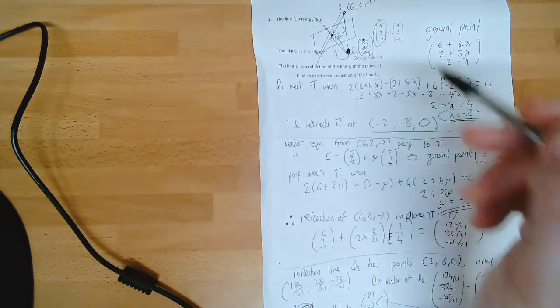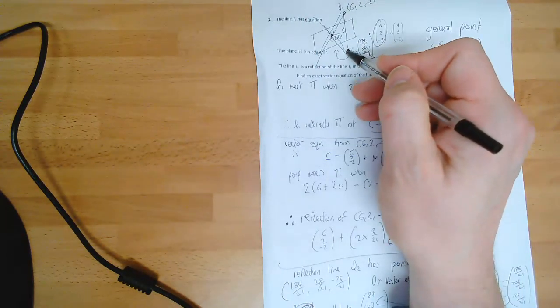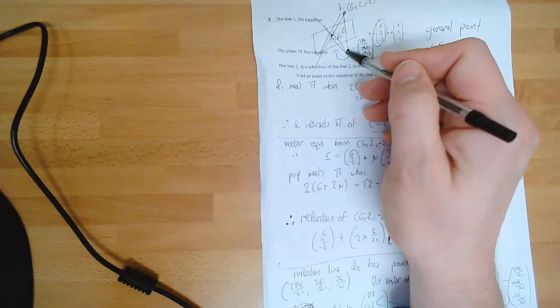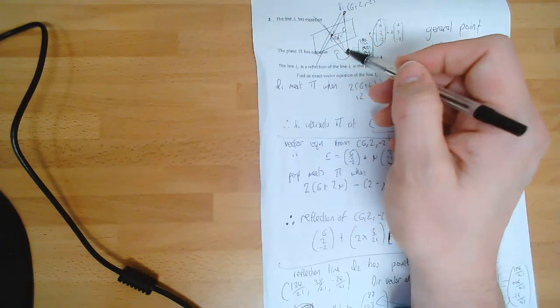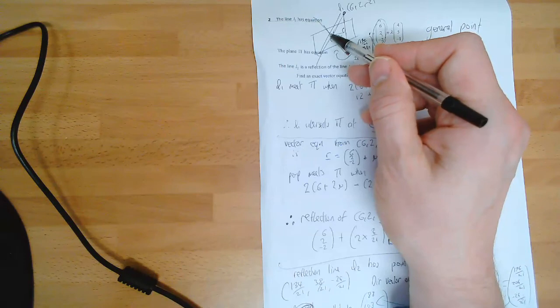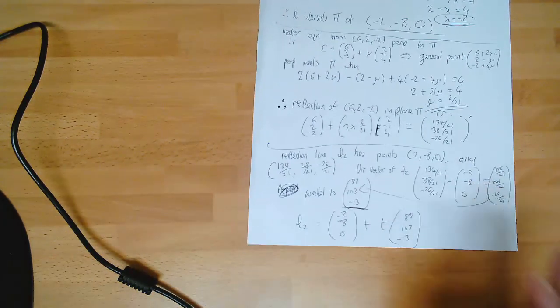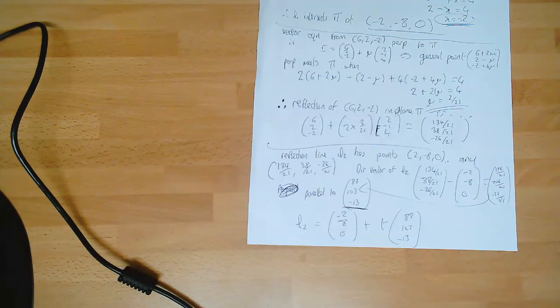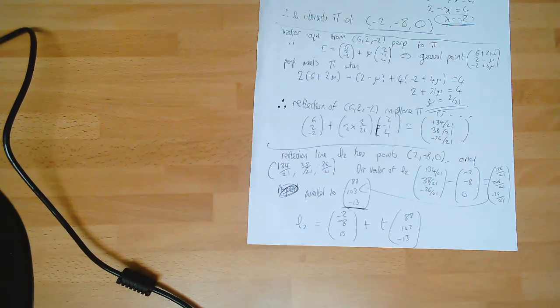You've then got 2 points. You've got a point which is a reflection there, which is on your new line. You've got another point on your new line, which is where it intersects the plane. And you just use those two to find the equation. And job done. I hope that makes some sense at least. Thank you very much.